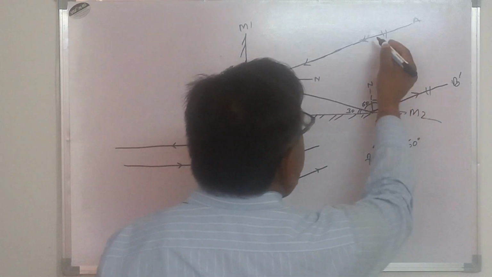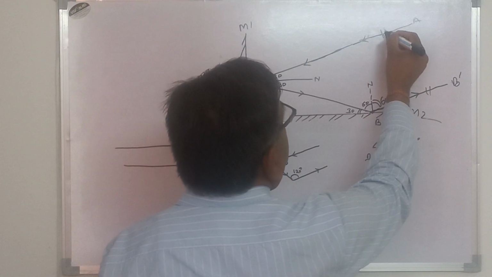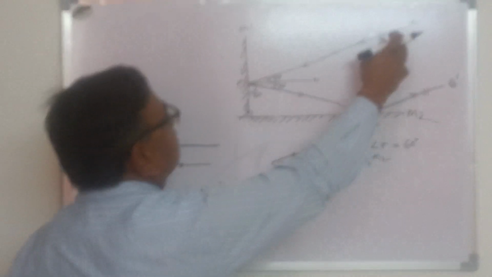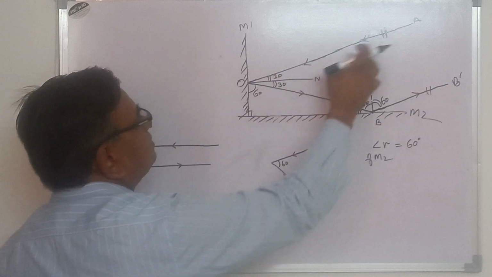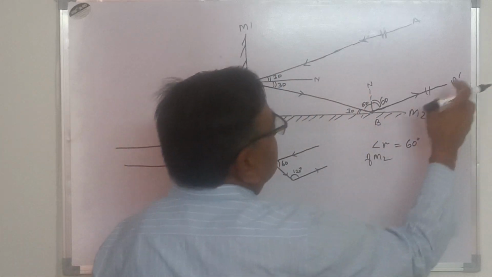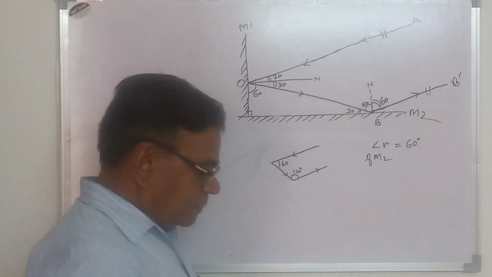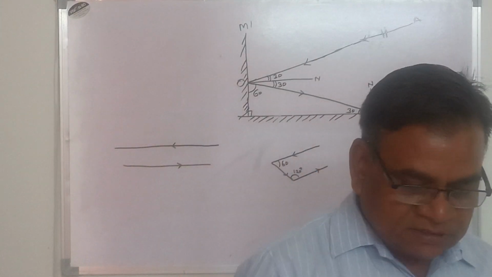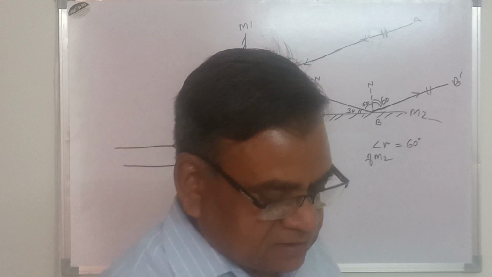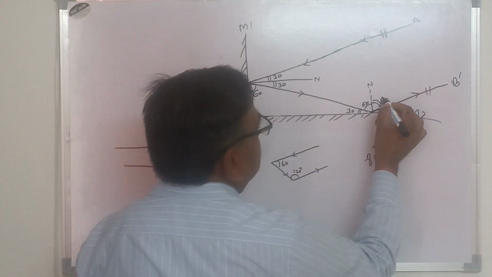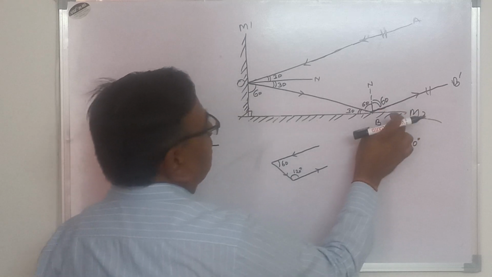The second part has not been asked in this question, whether the first incident ray and last reflected ray will be parallel or not. So those will be parallel, though the second question has not been asked here. Only he requires us to find the angle R at the second mirror.